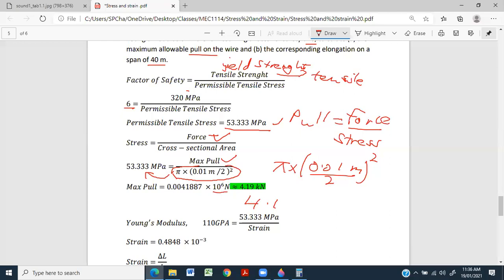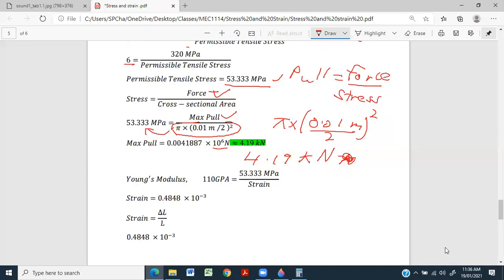or 4.19 times 10 to the 3 newtons, and we take off this 10 to the 3 and just make it kilonewtons. That's how we find the max pull. Now there's a question in the chat.